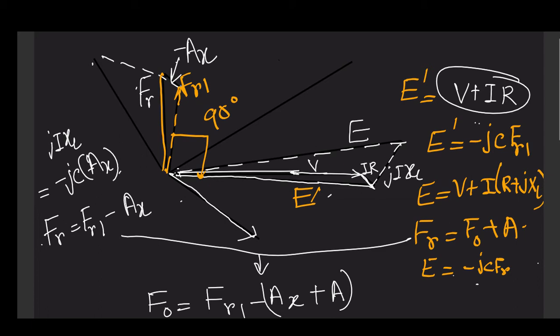Or ultimately from this equation you can find out what is your F naught, and obviously you can find out E naught is equal to minus JC F naught. Using this you can figure out the amount of regulation, right? So now let us solve the problem that will make your understanding clearer in this regard.